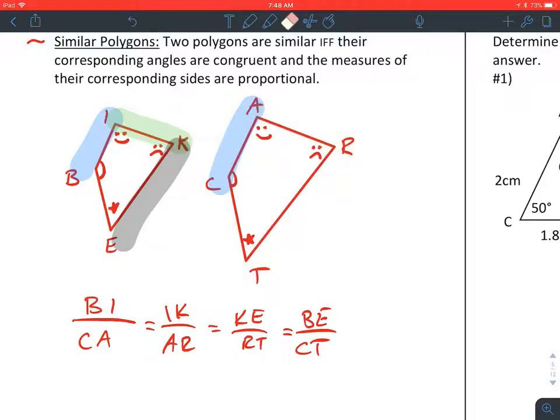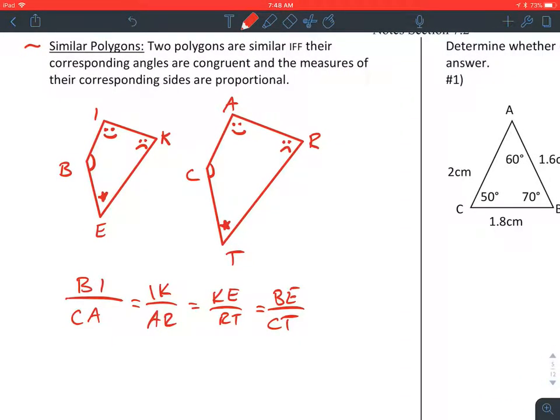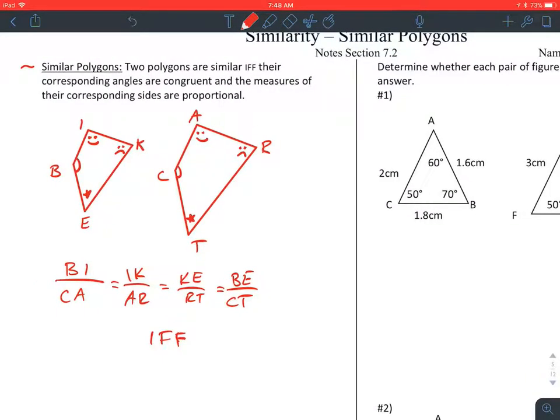So if corresponding angles are congruent and corresponding sides are proportional, then that means that figure BIKE is similar to figure CART.